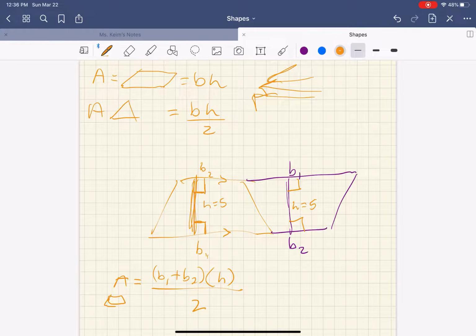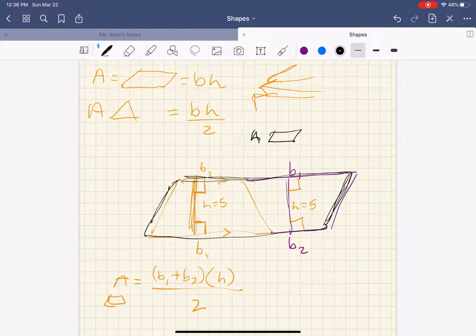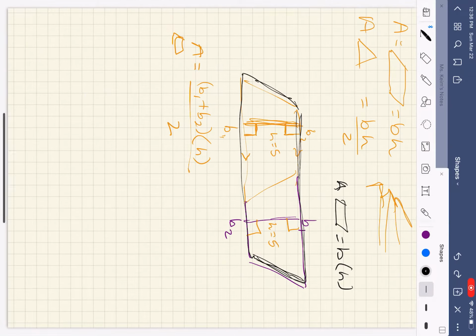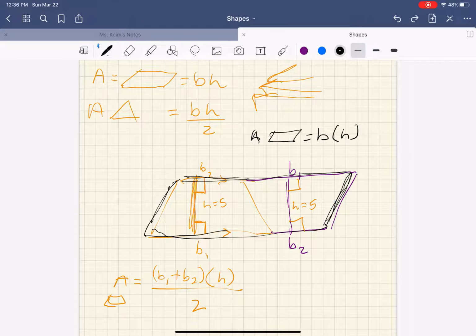All right, but now what we have is one big, giant parallelogram. And so if we wanted to describe the area of this parallelogram, well, it would be our base times our height. However, look at what the quote-unquote base, that was terrible, I apologize.